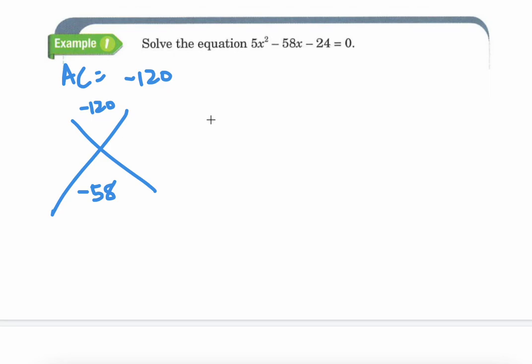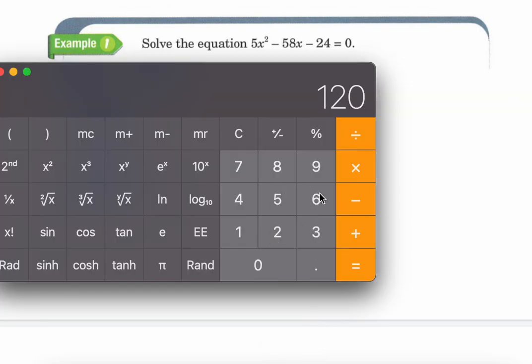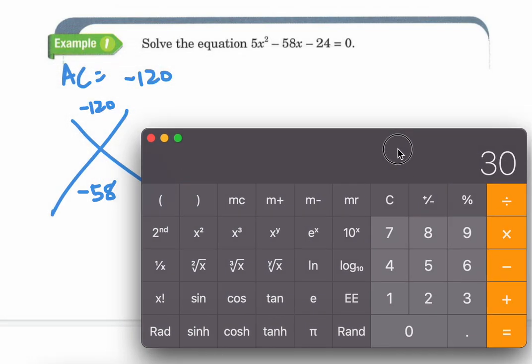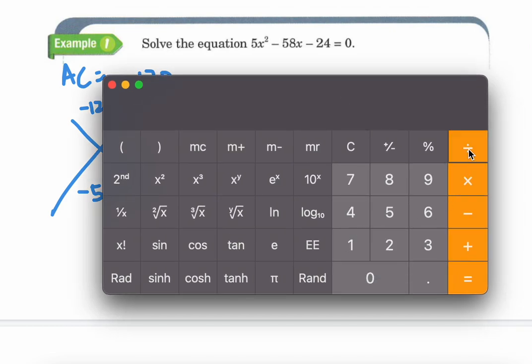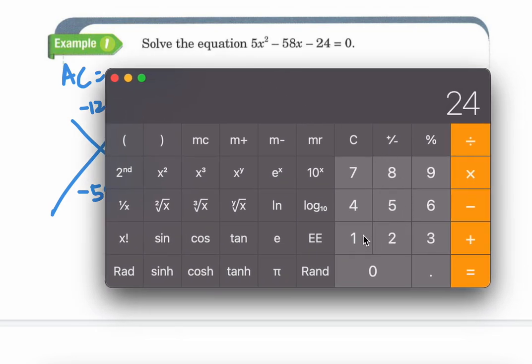And honestly, I'm going to maybe start from the middle a little. So 120 divided by, let's say, 4 would get me 4 and 30. 120 divided by 5 would get me 5 and 24. 120 divided by 2. Ooh, I shouldn't have gone that far. 2 and 60.